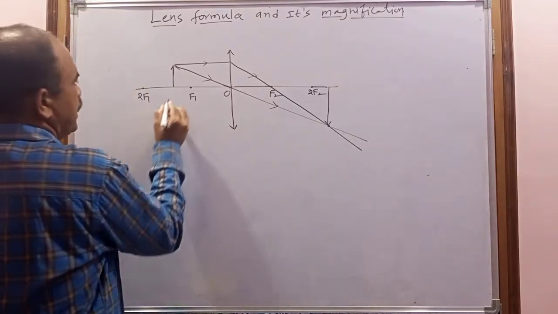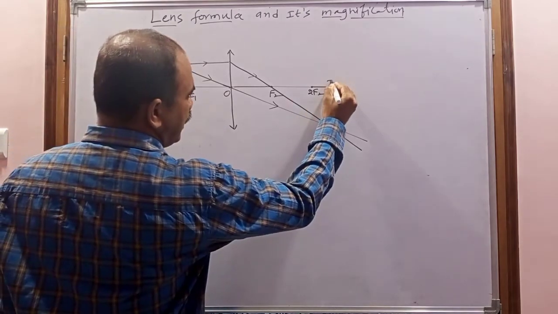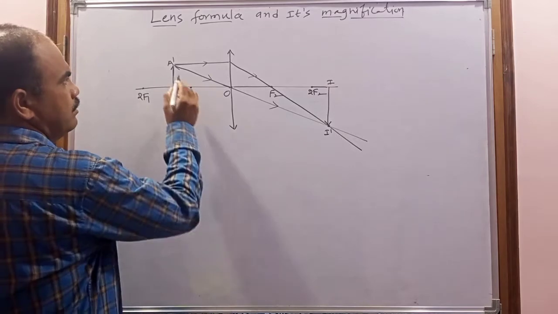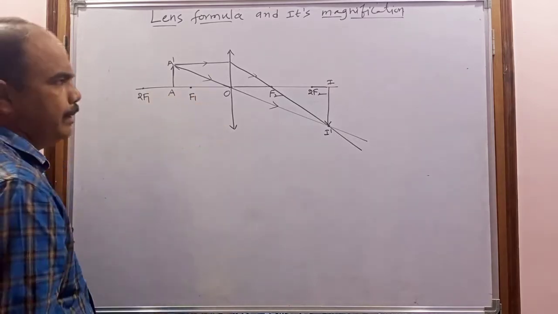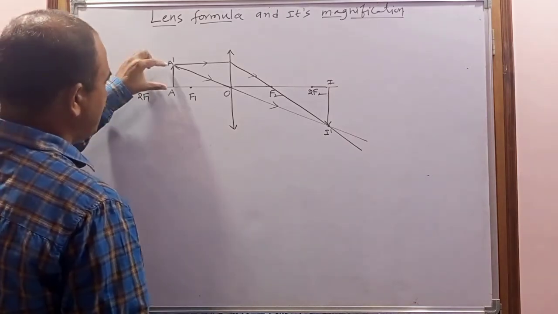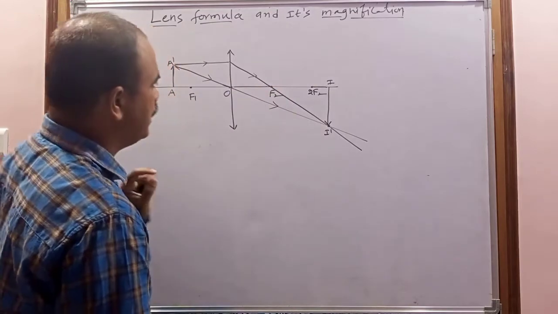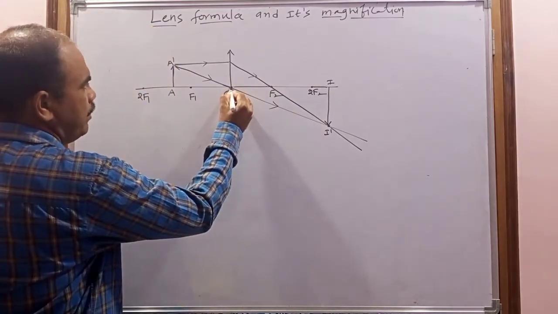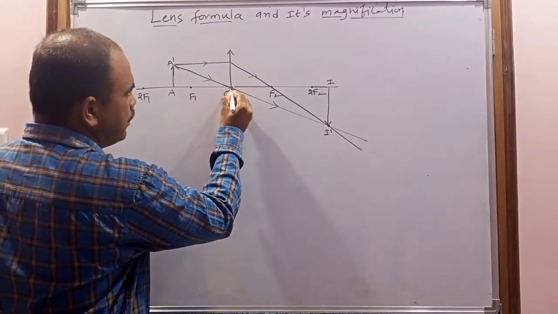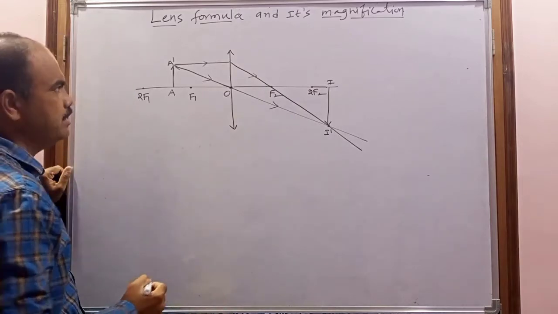Now consider the object is named A dash and the image is named I dash. When I draw the diagram, A dash is the object height and I dash is the image height. The distance from the optic center to the object is called the object distance, and the distance from the optic center to the image is called the image distance.